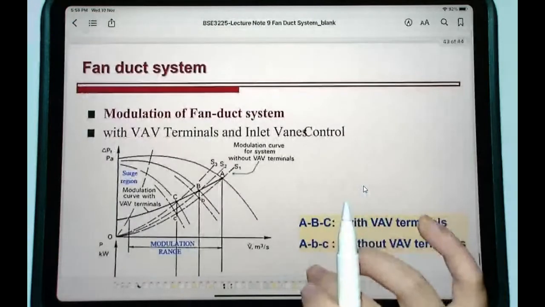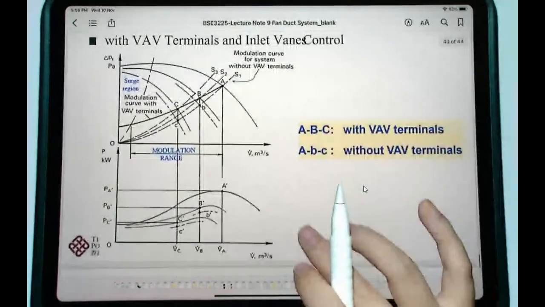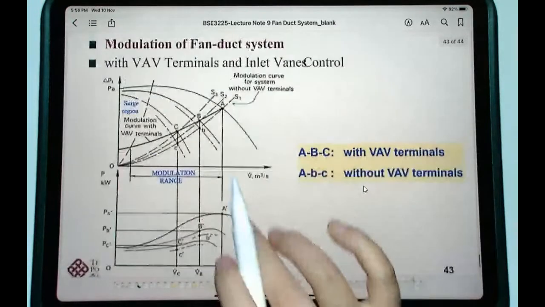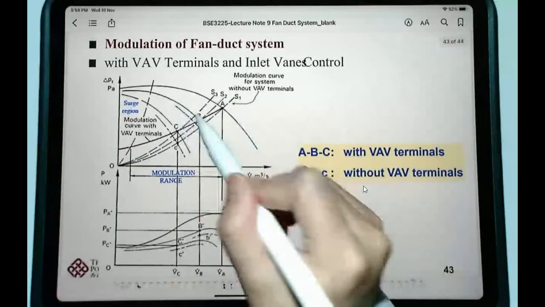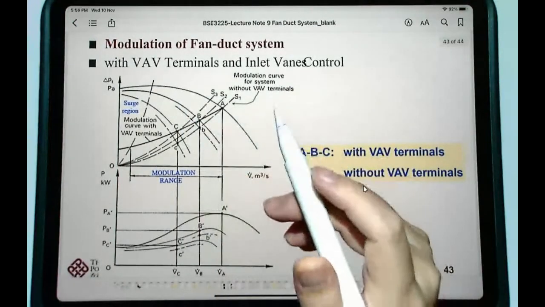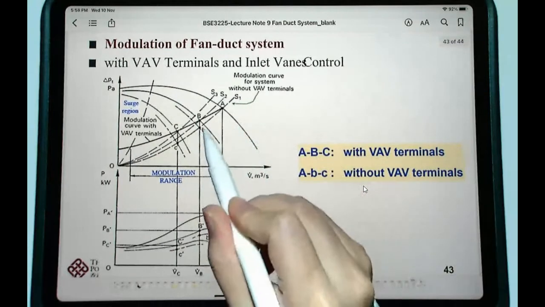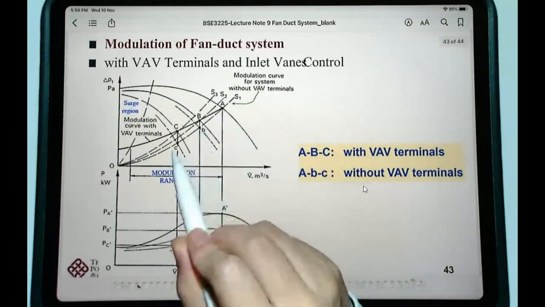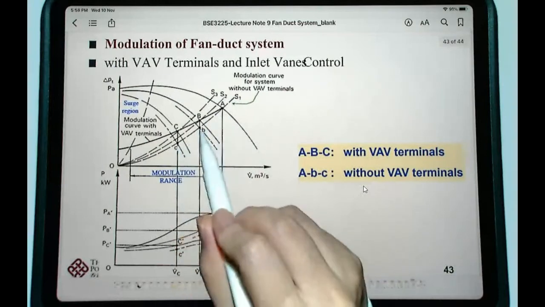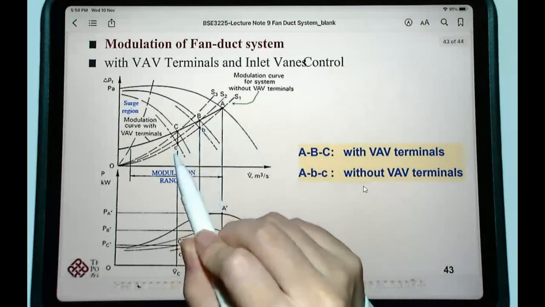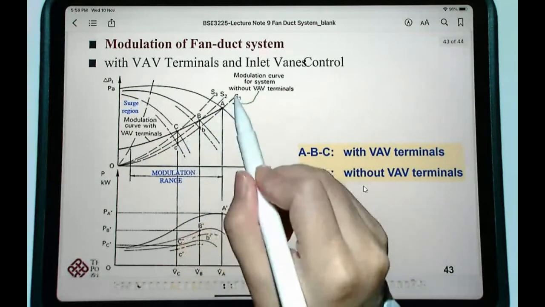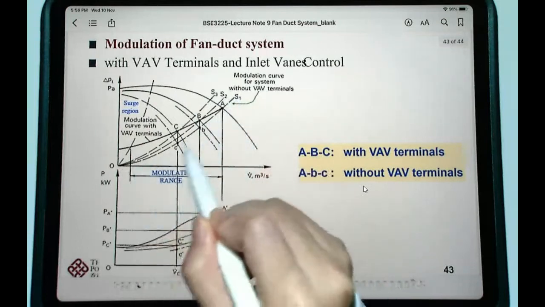Oh, okay, so it's not. Oh, sorry. So as you can see here, point A to small point B and small point C. Our small point B and small point C is actually on the same system curve.